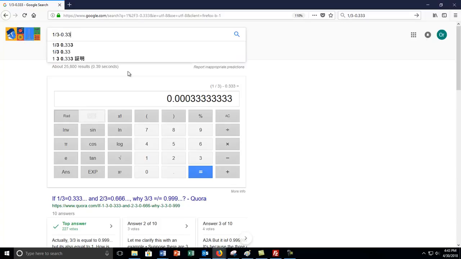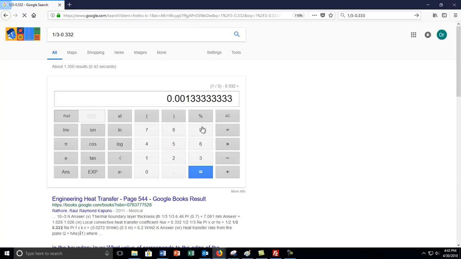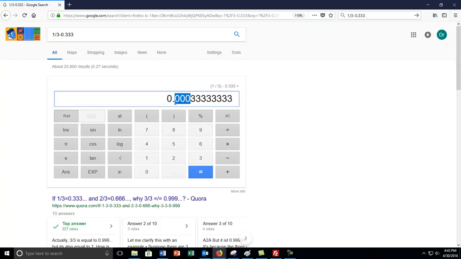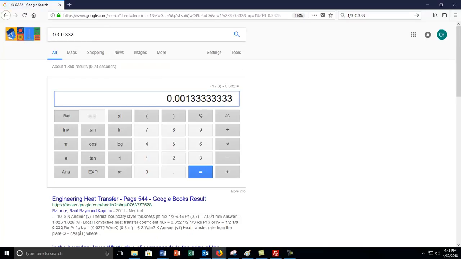What happens if I take 0.332 away from 1/3? Notice 0.332 is different by this much. Hopefully that makes sense. So let's look back at 0.333. Count the zeros: 3 zeros. 0.332, count the zeros: 2 zeros.